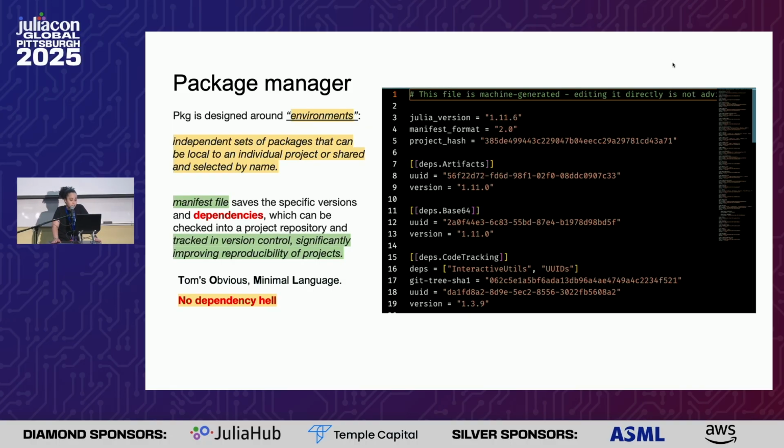So this consists of independent sets of packages that can be local to an individual project or shared and selected by name. And I will show you an example of how to build an environment.